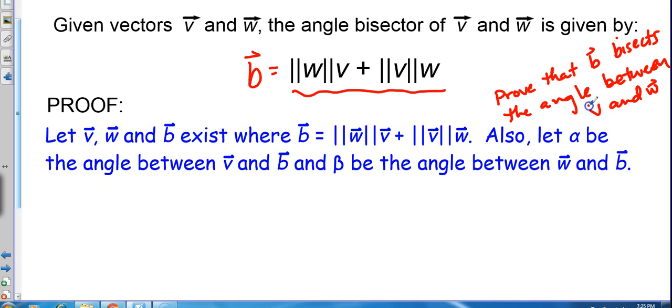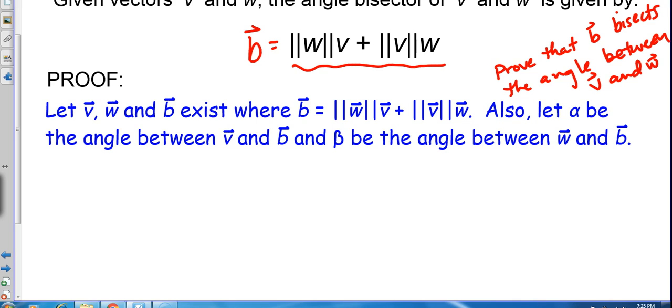So that's what we're going to set out to do down here. So let's start with the little diagram here. So we're going to let v and w exist. We'll just draw kind of like arbitrary vectors. Here's v, here's w, and here's vector b cutting these in between. Actually, let me draw this a little bit bigger. So let's say here's v, here's w, and here's vector b.